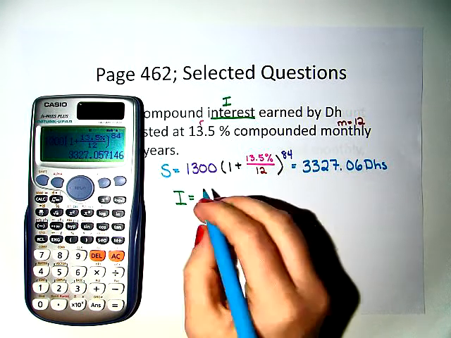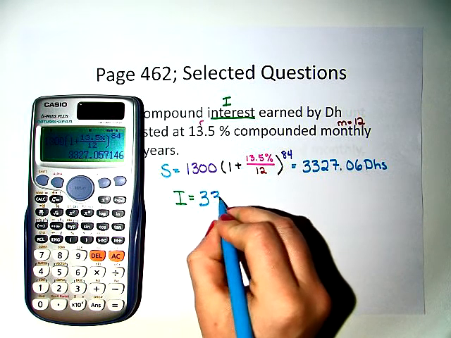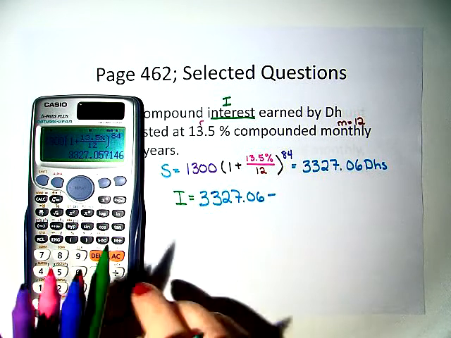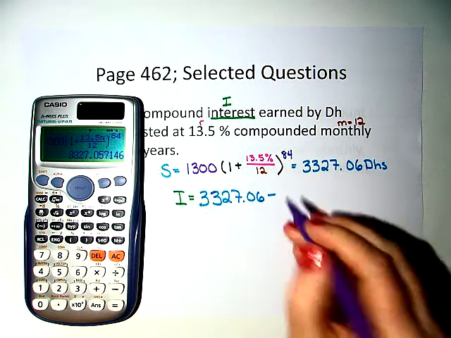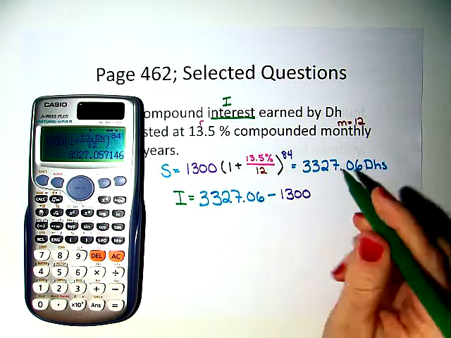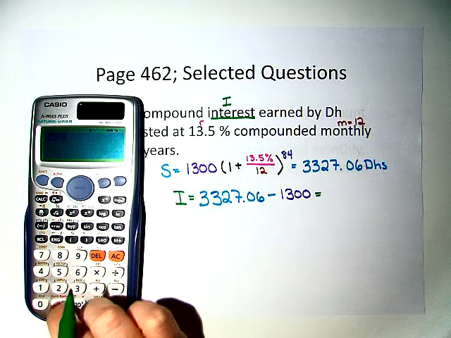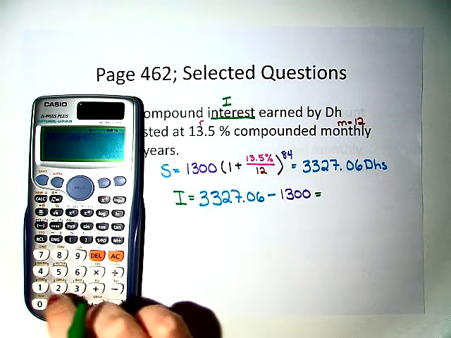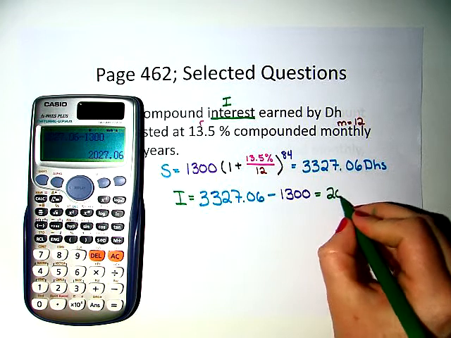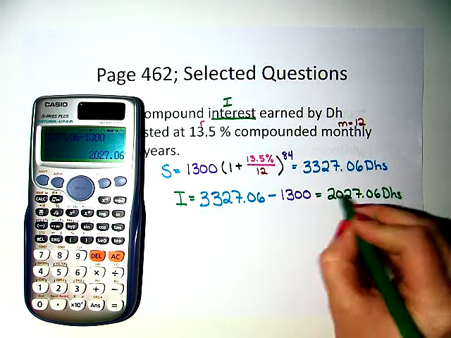And the interest is made by taking the final amount, 3,327.06, and subtracting the principal amount, or 1,300. So 3,327.06 minus 1,300 gives 2,027.06 dirhams.